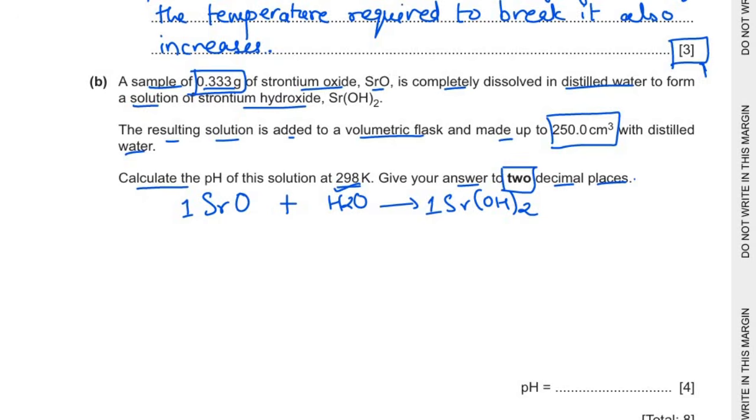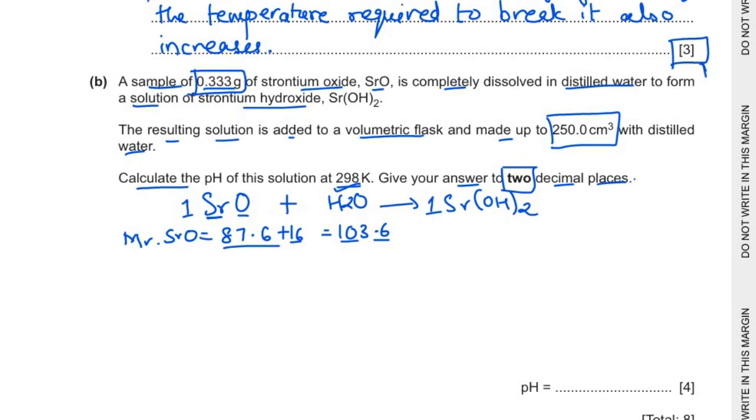For that we need to calculate the Mr of strontium oxide, which is 87.6 and 16. So the atomic mass of strontium is 87.6 plus for oxygen is 16, and so it is 103.6.